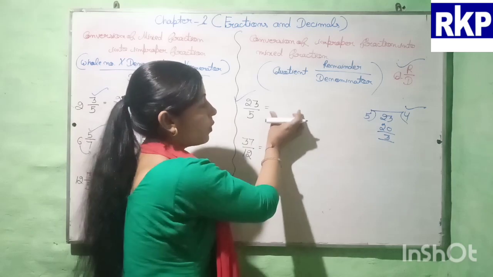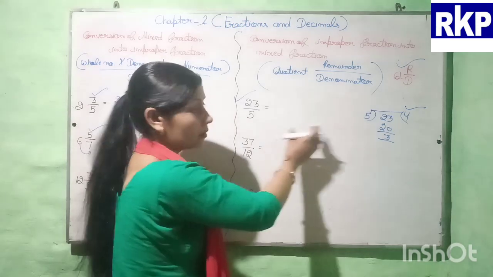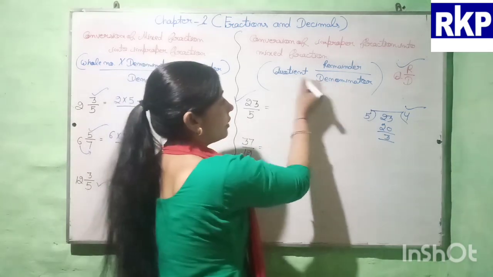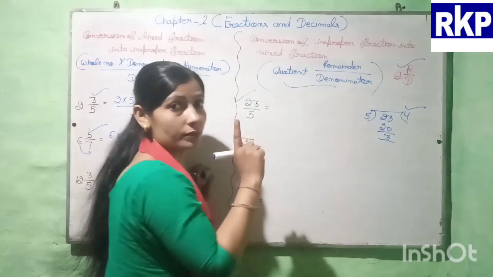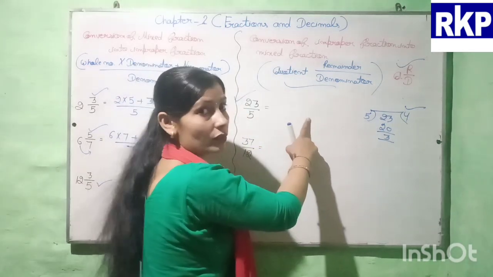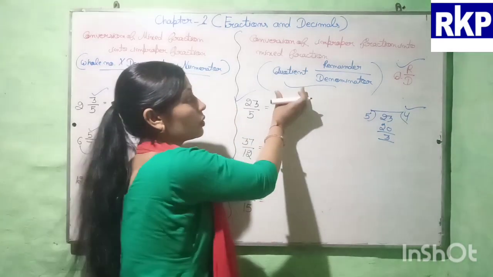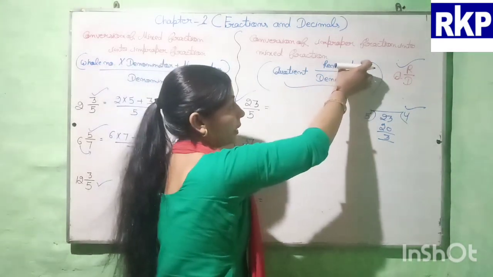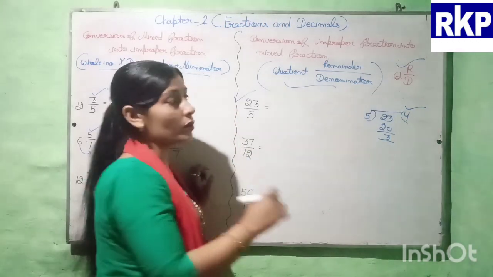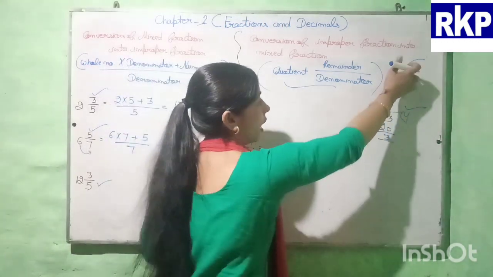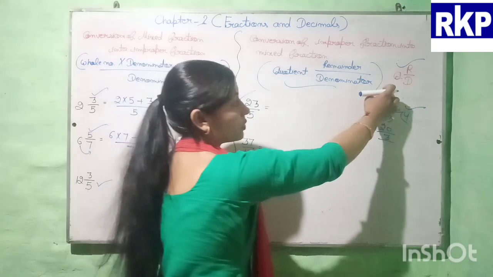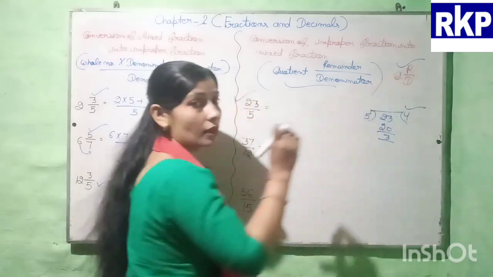Now beta, how can we write? Here, to write the mixed fraction we have to keep this formula in our mind. What is the formula? Quotient and remainder by denominator, or you can say this QRD. Q means quotient, R means remainder, D means denominator.